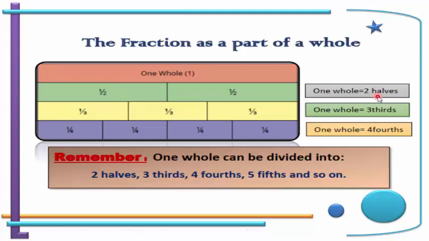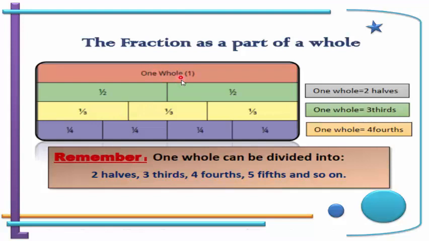And one whole equals 2 halves. If we divide one whole into 3 parts, each one is called third. 1/3 is called third. One whole equals 3/3.